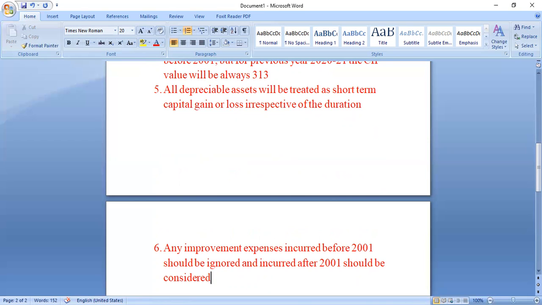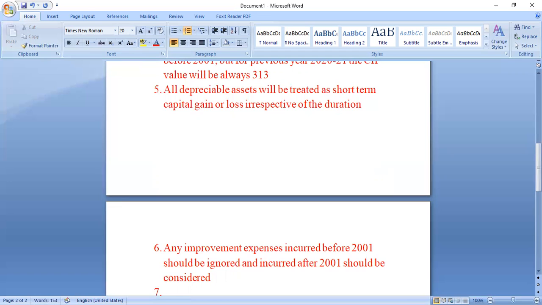Simply whitewashing, painting or renovating the building is not called improvement expenses. You cannot call them improvement expenses. You should ignore them.